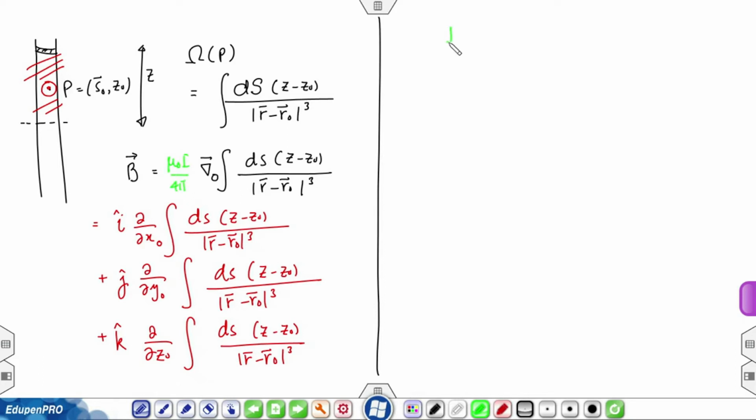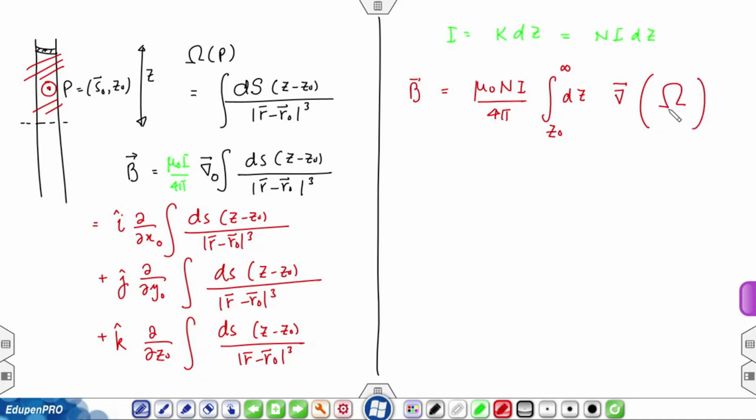Now, I is nothing but k dz, or n I dz, and therefore, B due to the upper portion is going to be equal to mu0 n I over 4 pi, integration dz starting from z0 to infinity, grad of all that omega.